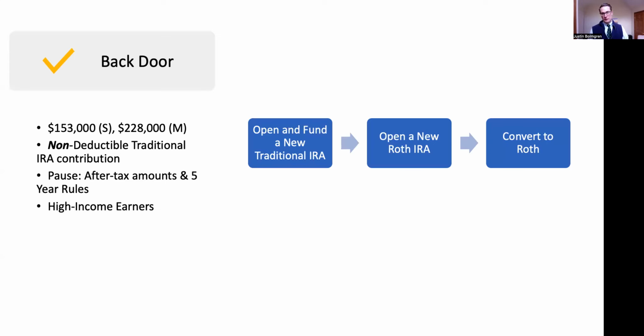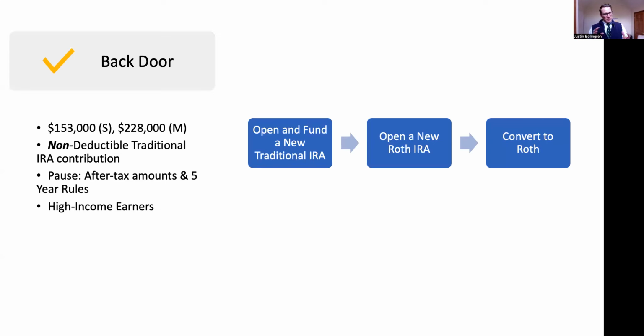So high income earners, this is especially useful. If you qualify for a Roth IRA contribution, then just do so straight and spare yourself the extra headaches of this. So for higher income earners, this is a way to make Roth contributions.